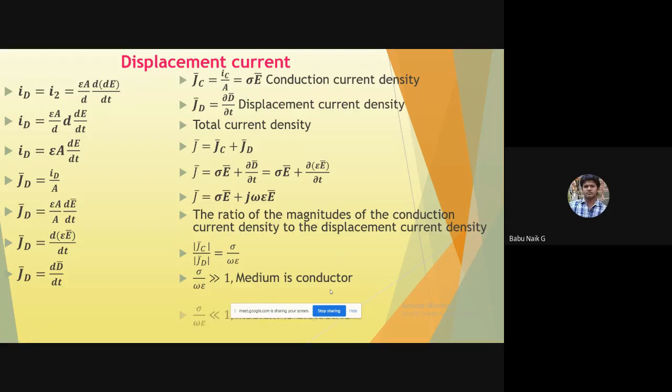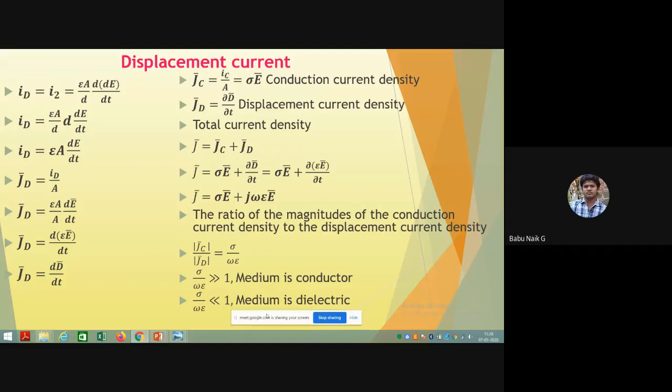If it is less than 1, then the medium is a dielectric, where displacement and conduction current are both considered. This is the main concept of displacement current.